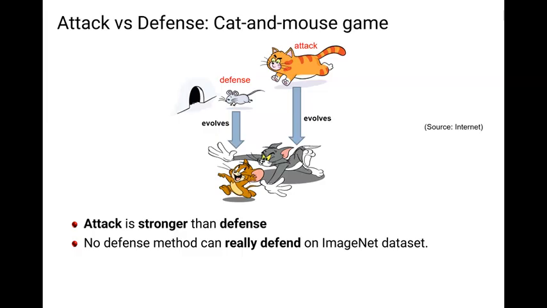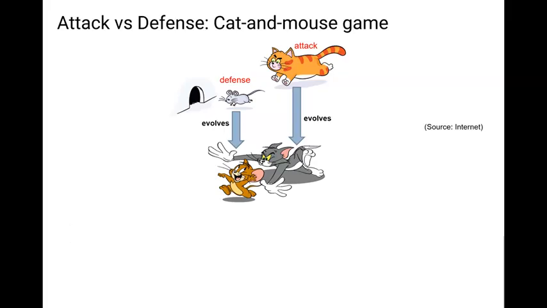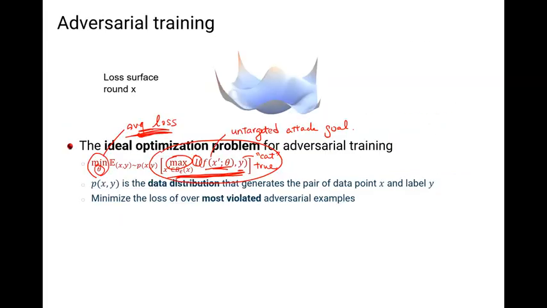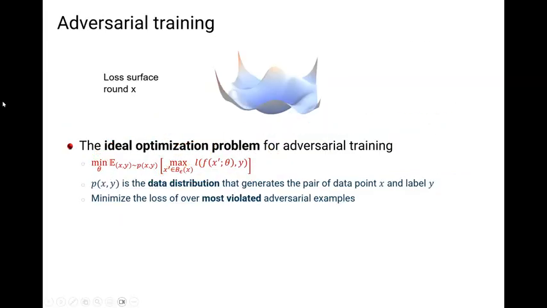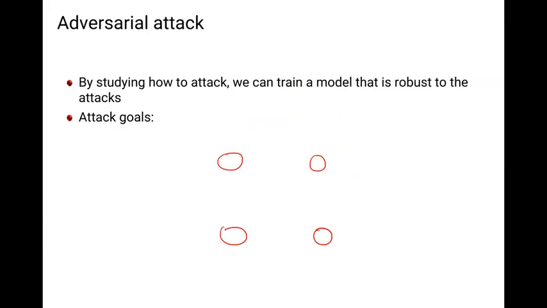So there's no single method that can always defend our models from adversarial attack, but we want to make it relatively robust. So here I want to show you one result. Let me take away all this markup. Let's say this is a loss surface, just like what we have drawn here.